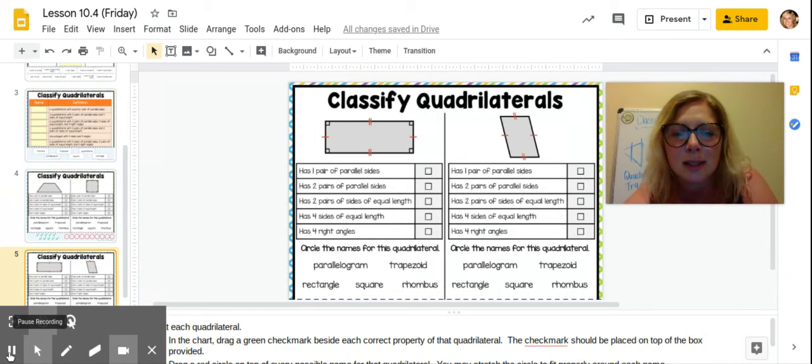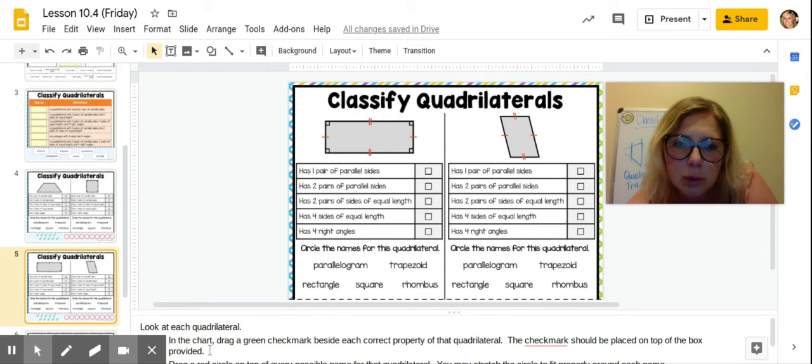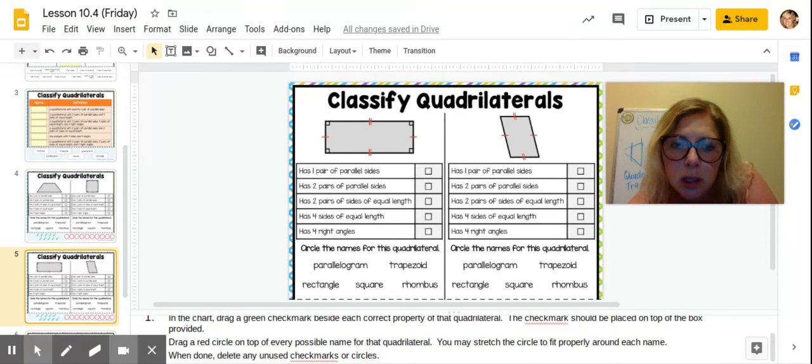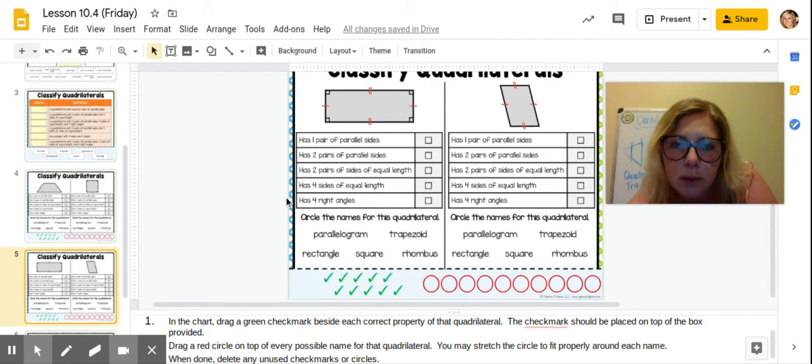Okay, back in business. You are going to use the chart and drag a green check mark beside each of the correct properties of the quadrilateral. The check mark should be placed above the box. Drag a red circle, and those are the check marks in the circles.